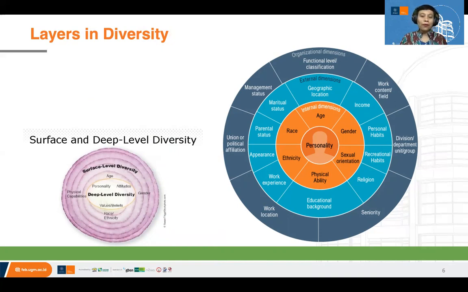But we can also see differences in the color of the skin and the shape of our hair, which can provide us with information about diversity in culture. So culture can be concluded as deep level diversity as well as surface level diversity. However, as a notification, culture is just one factor of seeing diversity in our working activities.